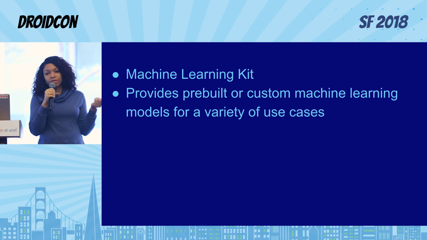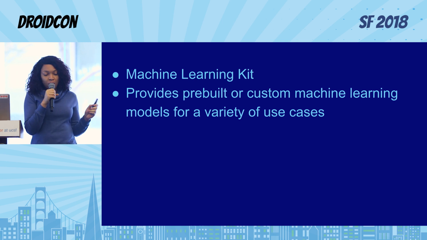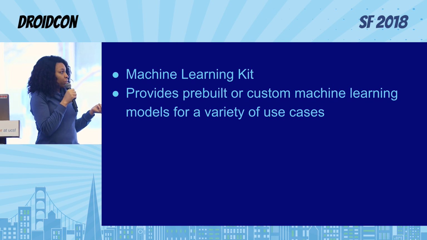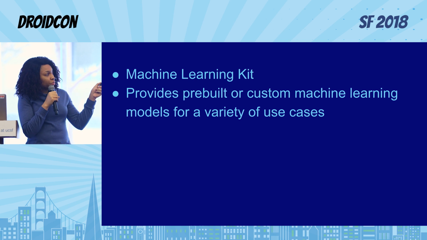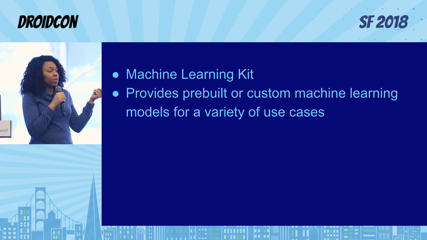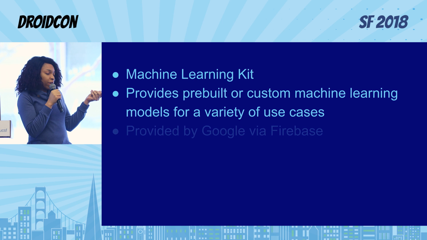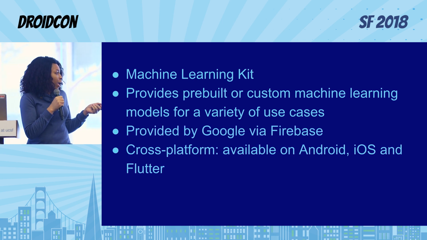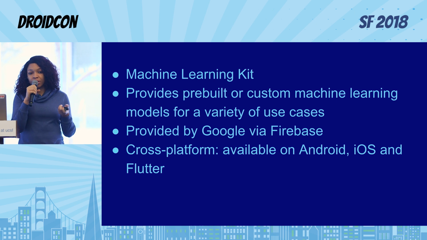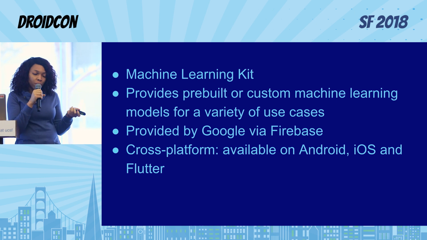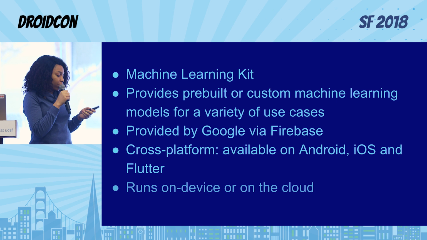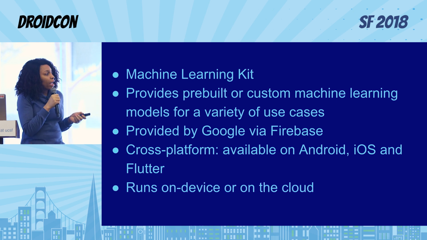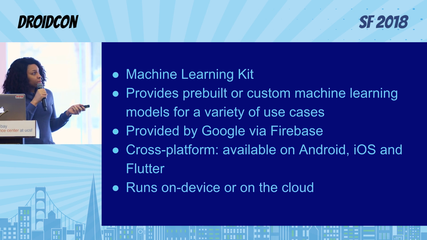You can create a custom model using TensorFlow Lite and use that with ML Kit as well. I mentioned earlier it's provided by Google, and it's cross-platform, meaning that it's available on Android, iOS, and currently Flutter. But the Flutter library is currently being developed, so not all the APIs are available. And it also runs on the cloud and on device.